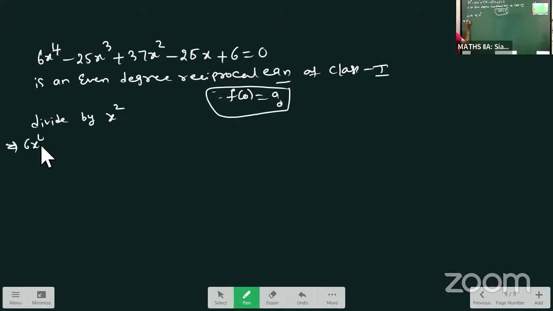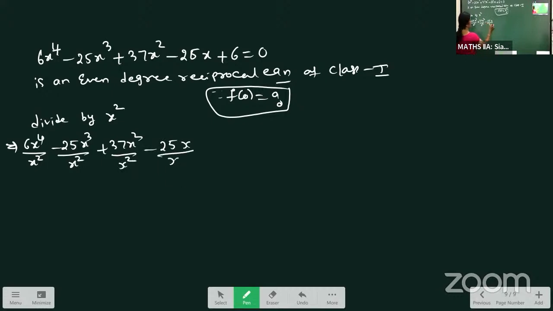6x to the power 4 by x square minus 25x cube by x square plus 37x square by x square minus 25x by x square plus 6 by x square is equal to 0.